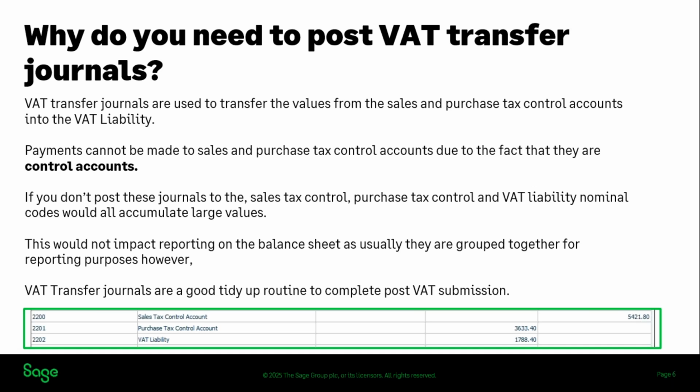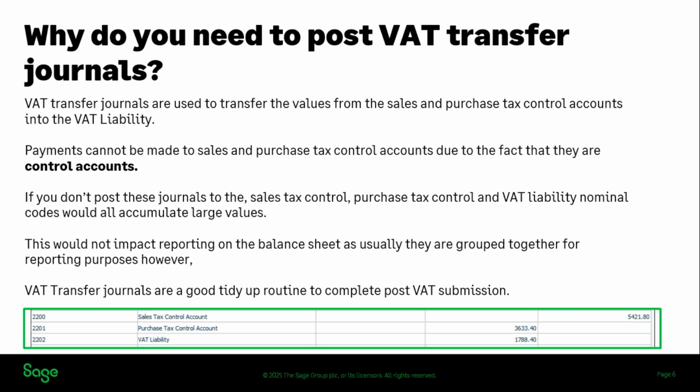What you'll see though, if you don't do VAT transfer journals, is you'll start to accumulate balances on these three nominal codes, and they'll just start to get bigger and bigger and bigger, and eventually someone might say, hang on, those figures look a bit odd. Okay, now for reporting purposes, it doesn't normally have an impact, and that's because those three nominal codes are normally grouped together within the chart of accounts.